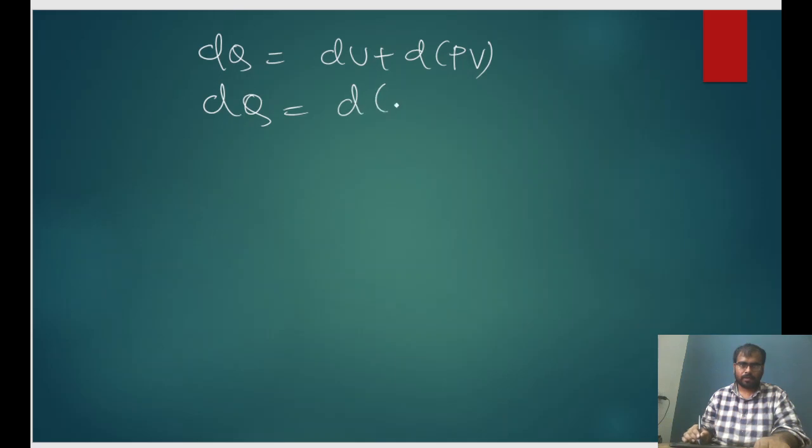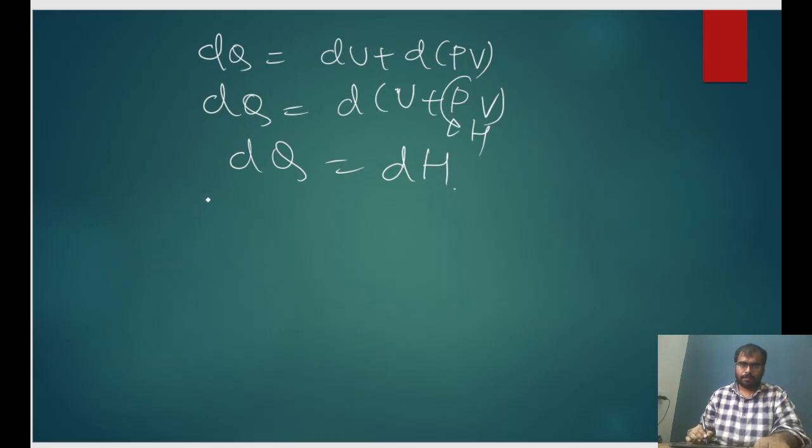Where we left off: dQ is equal to dU plus d(PV). We can take common d(U plus PV). U plus PV means H. So the heat transfer is equal to the change in enthalpy.